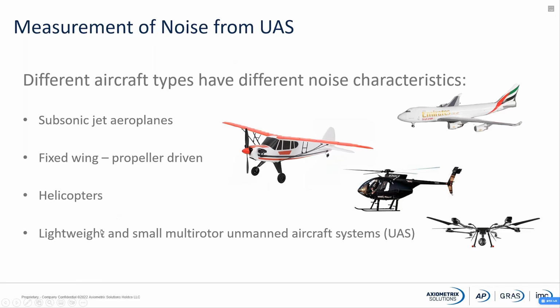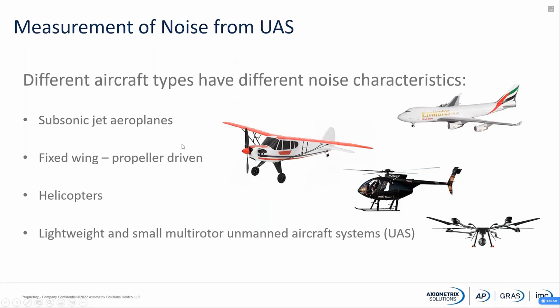We have helicopters, and we have lightweight and UAS, small multi-rotor unmanned aircraft systems. These are the most common categories, and you will see that the legislation is connected to the different types of aircraft.